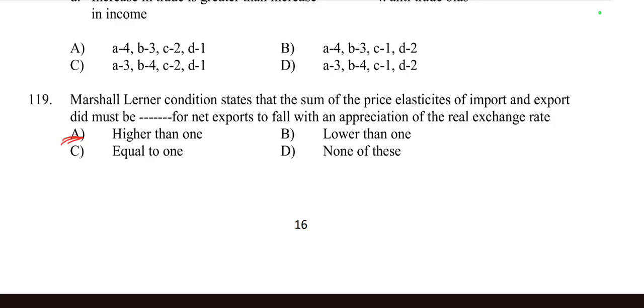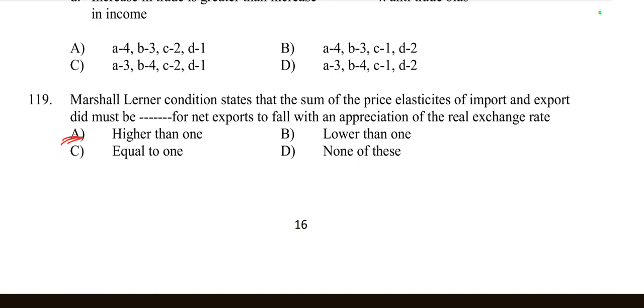The Marshall-Lerner condition states that for a currency appreciation to lead to a decrease in net export, the sum of the price elasticity of demand for export and imports must be greater than 1.